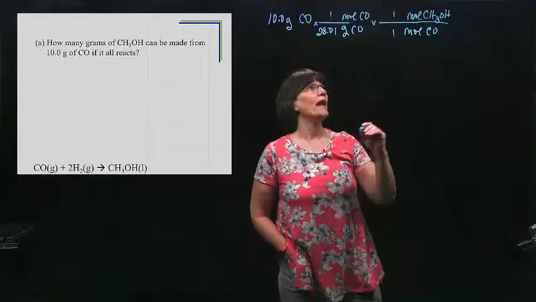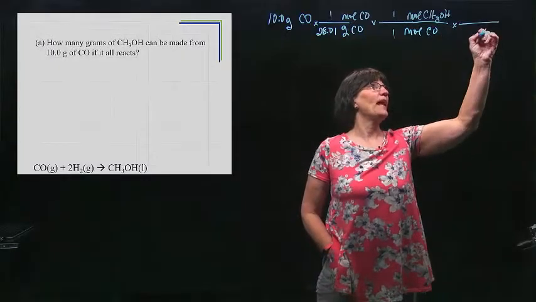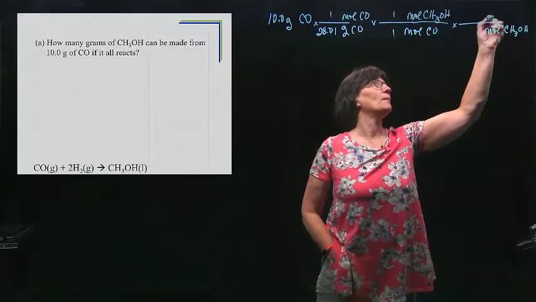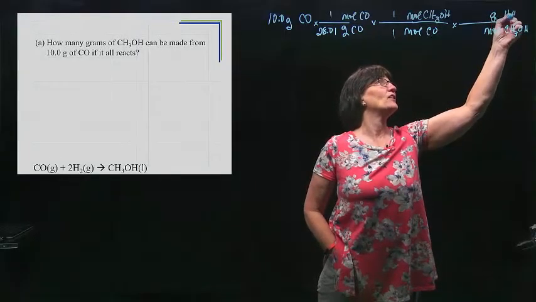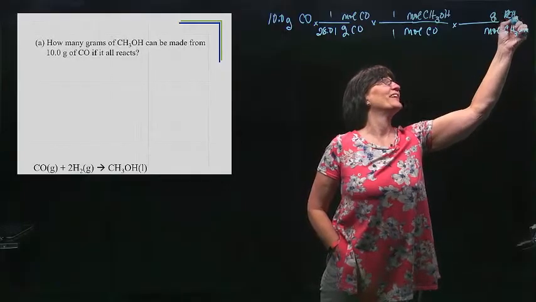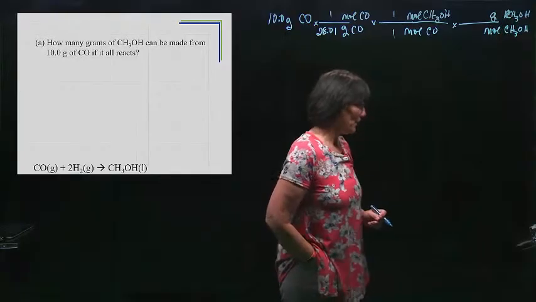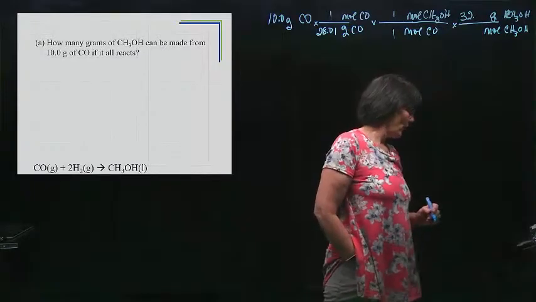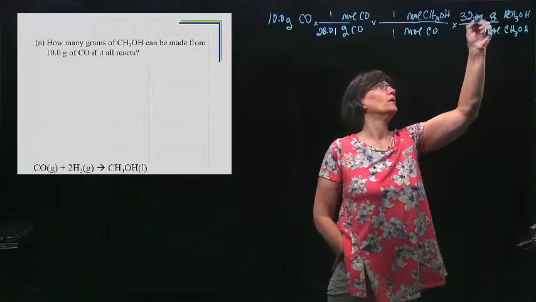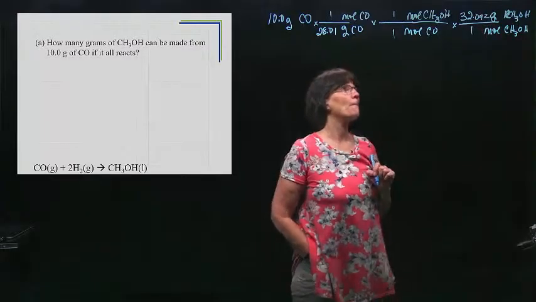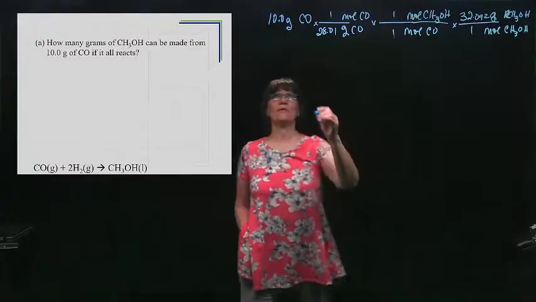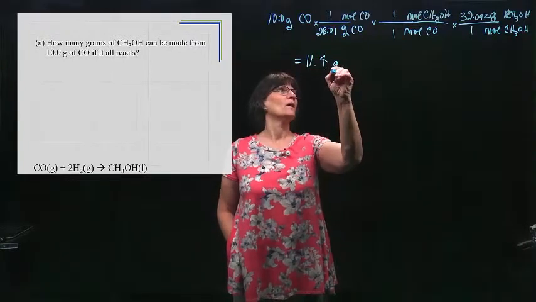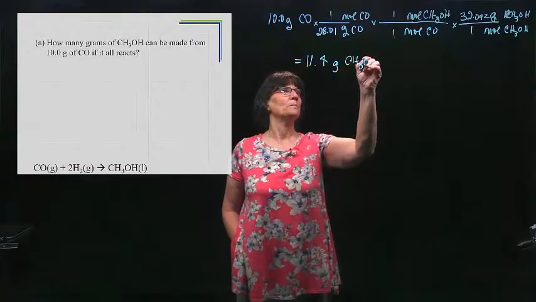Now I'm ready to go on out to finish the problem. It asks me how many grams of CH3OH would be obtained. So I'm going to go to grams of CH3OH. So again, I go to my periodic table. I add those values up and I have 32.042 grams in a mole. And when I multiply all that together, I will get 11.4 grams of CH3OH.